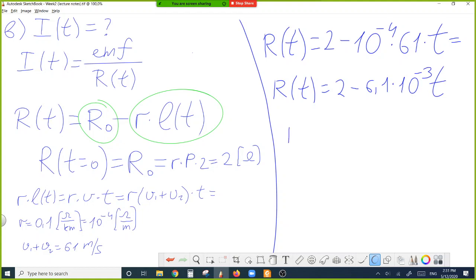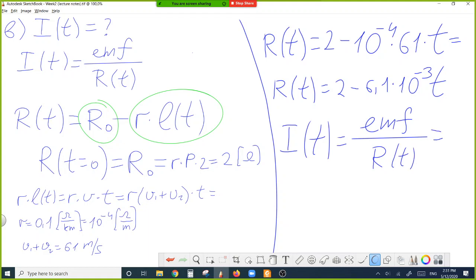And now the current with respect to time is equal to the electromotive force over R(t).